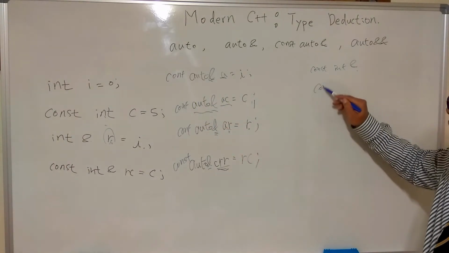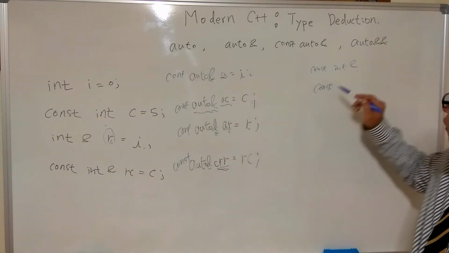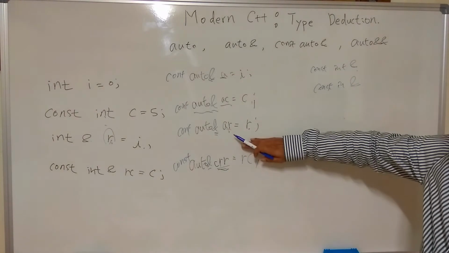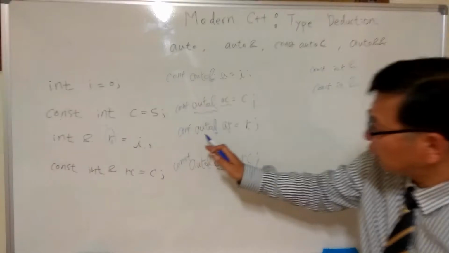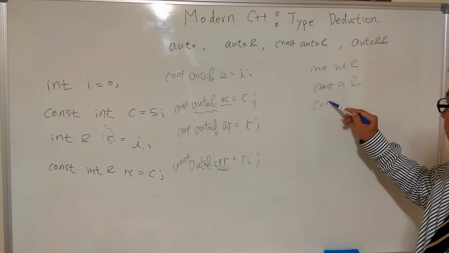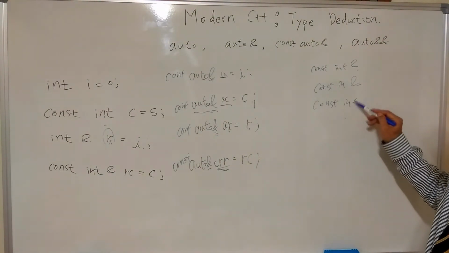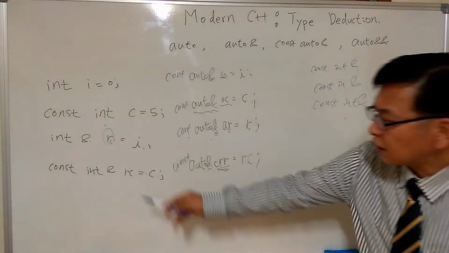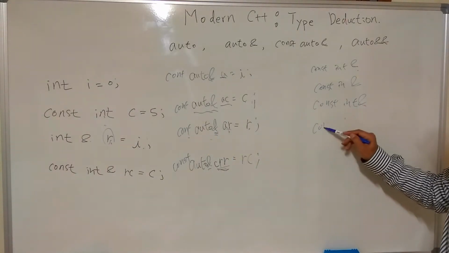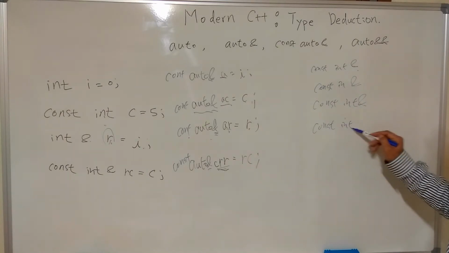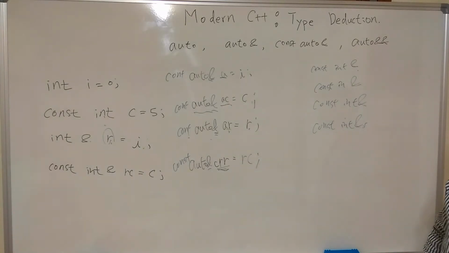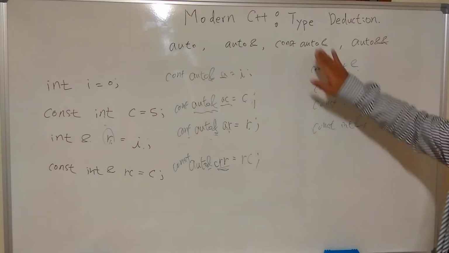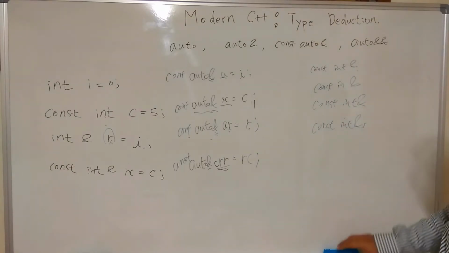It will be constant int reference. What about this? This will be constant int reference. This, of course, will be constant int reference. Okay. You also have to remember this, and I explained this. Now this one.